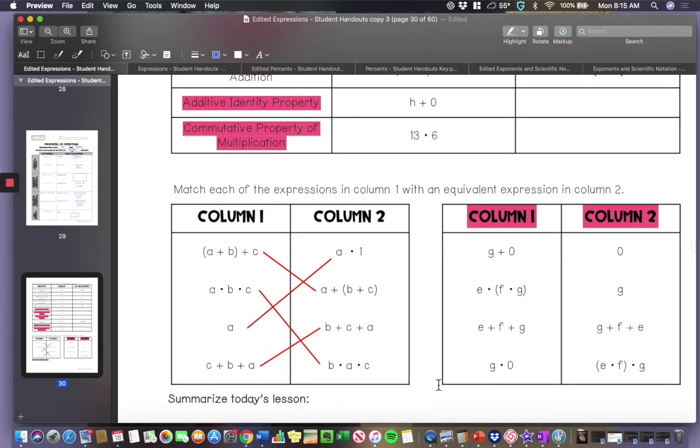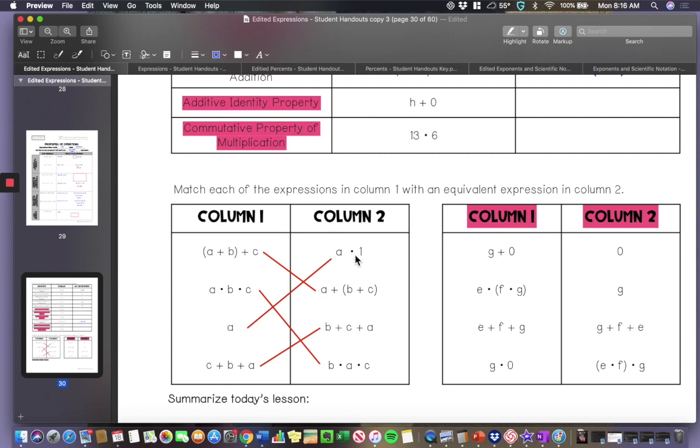Now on the bottom, it says match the expressions in column 1 with an equivalent expression in column 2. So for this first one here, we have grouping symbols, and when I move them around, they're going to be around the B and the C as opposed to the A and the B. Then we have A times B times C, so I need to switch these around, and I have B times A times C. So these are two equivalent expressions.